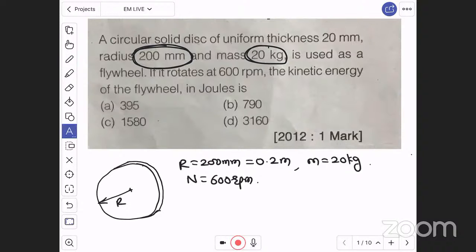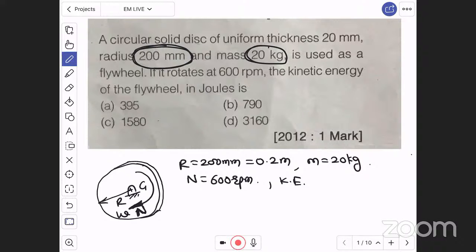Now, the question is, the kinetic energy of flywheel in joule is. What is kinetic energy of flywheel? Now, my dear students, this flywheel is rotating about G, that is center of gravity. Let us say this flywheel is rotating with a speed N, that is rpm, or let us say with angular velocity omega.